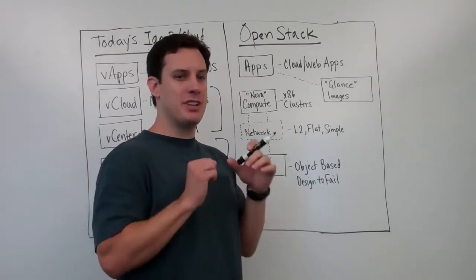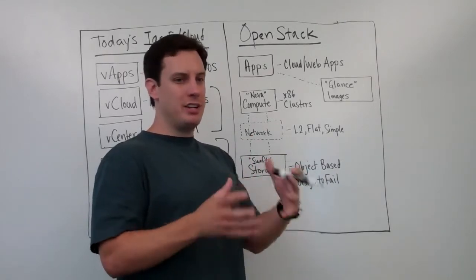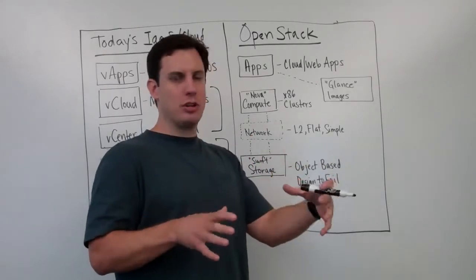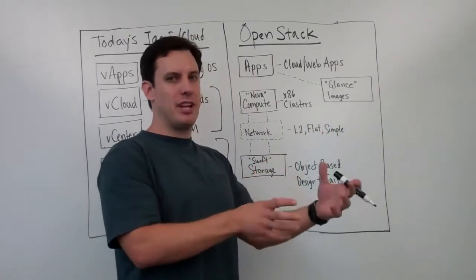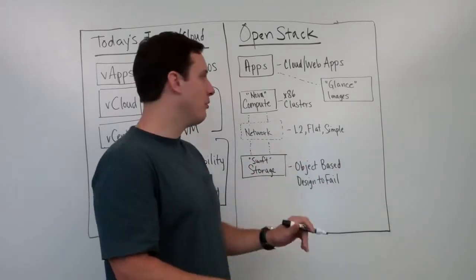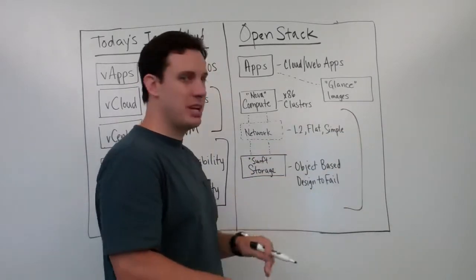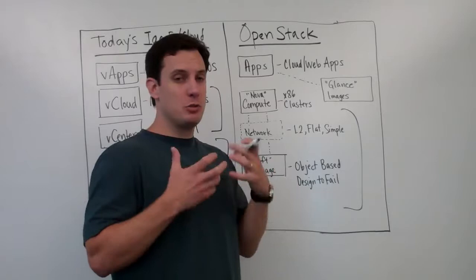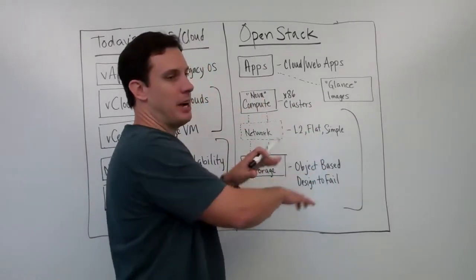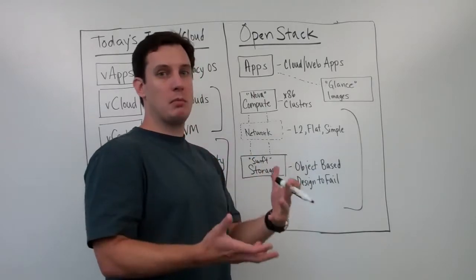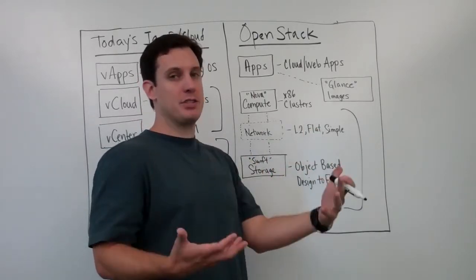So the expectation is the application will be able to deal with an individual storage controller or storage device failing, disks failing, the network failing to certain levels, or compute failing. Okay, so very, very different. Instead of this infrastructure being incredibly intelligent and highly available at every component level, the expectation is that this will fail from time to time, right? Maybe you're using more commodity-based infrastructure for cloud scale things.